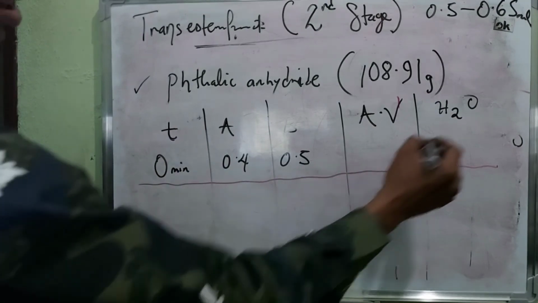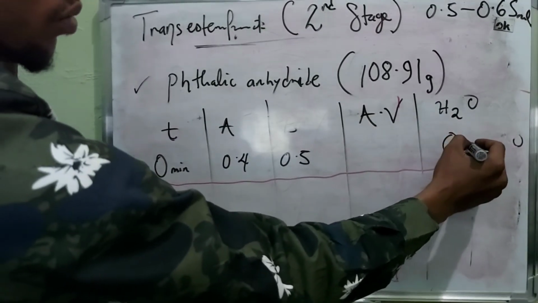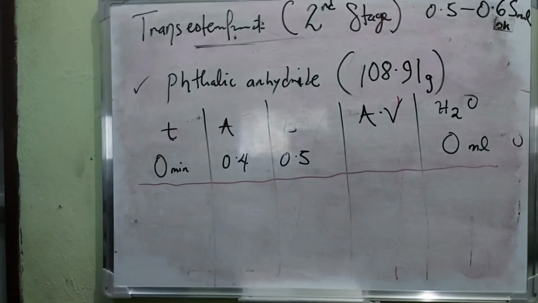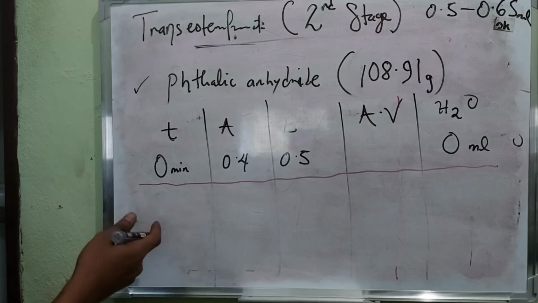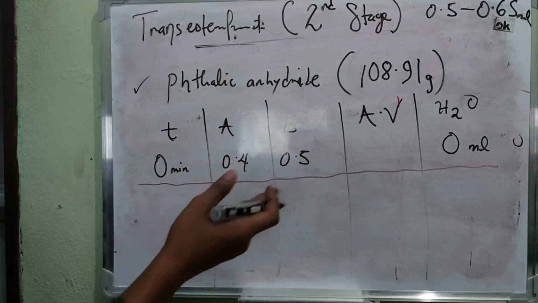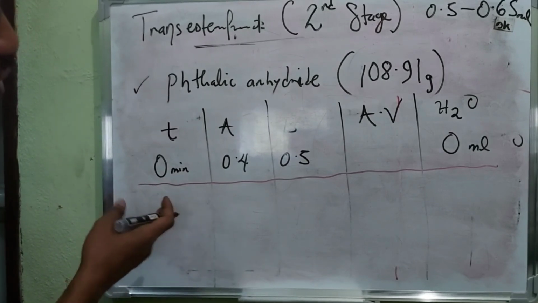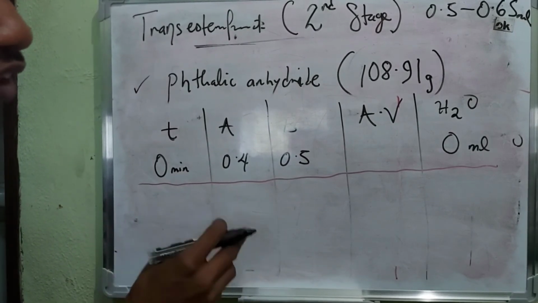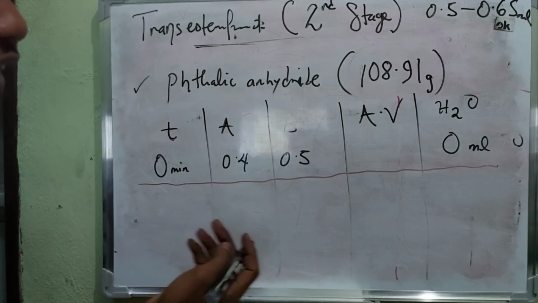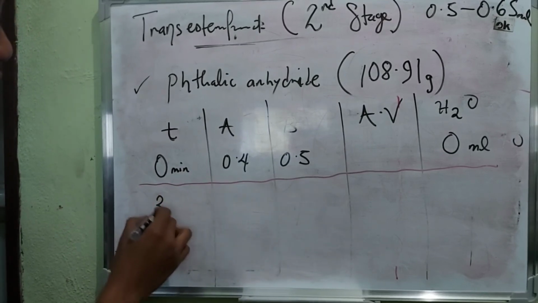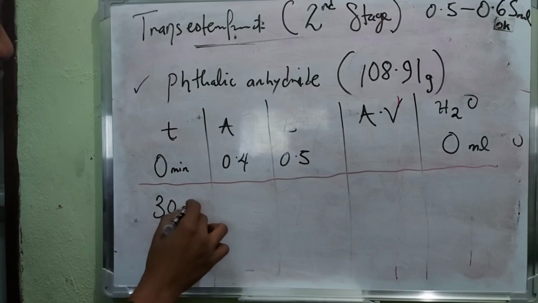Definitely at 0 minutes you wouldn't have any water removed. Then at 30 minutes, looking at the measuring cylinder connected to the Dean-Stark, you notice some drops of water in the measuring cylinder, which you can record at the 30th minute.